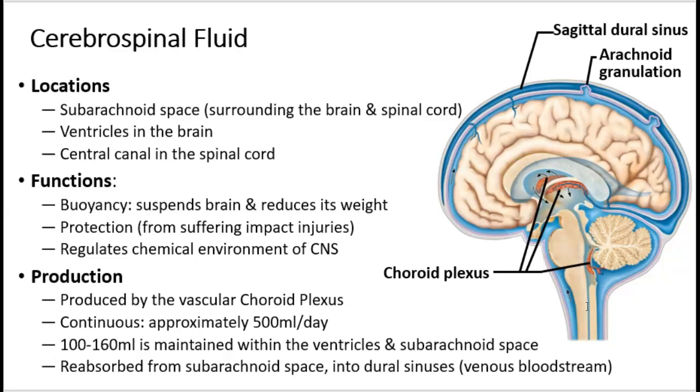But only 150 milliliters is maintained or kept within the ventricles and the subarachnoid space. That's the only amount that will fit. Therefore, a certain volume must be reabsorbed from the subarachnoid space into the dural venous sinuses, or the venous bloodstream.